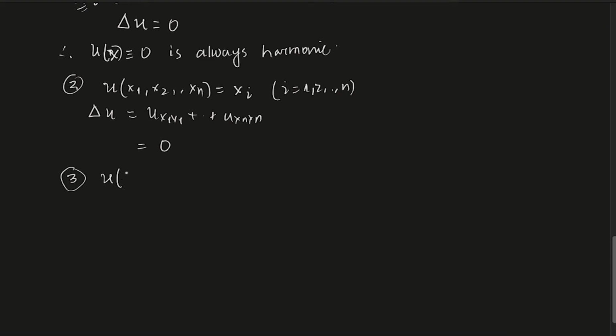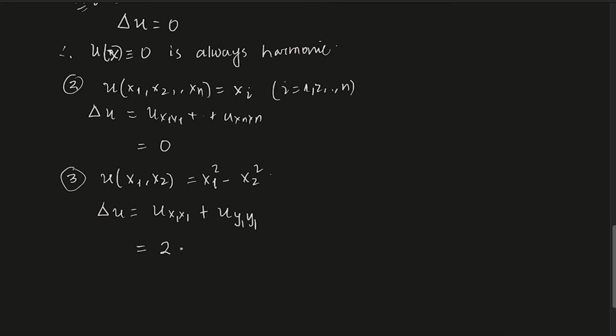So in 2 dimensions, let's just think 2 dimensions. Let u(x1, x2) be x1 squared minus x2 squared. Let's see if this is harmonic or not. It may be, it may not be. Let's just look at it. Laplacian of u is u_x1x1 plus u_x2x2. Now u_x1, as you can see, the first derivative is 2x1, second derivative is 2.